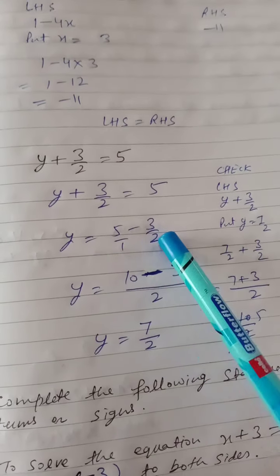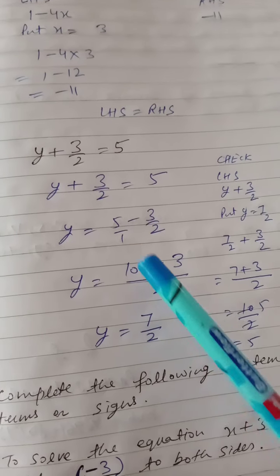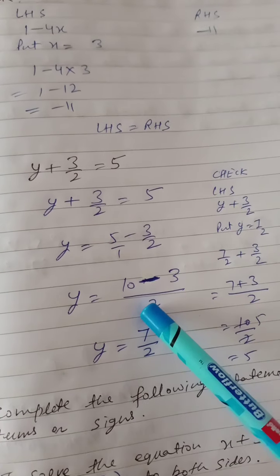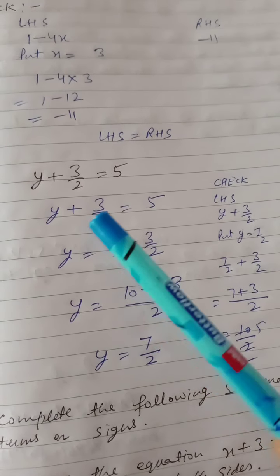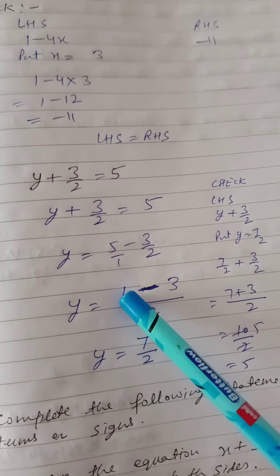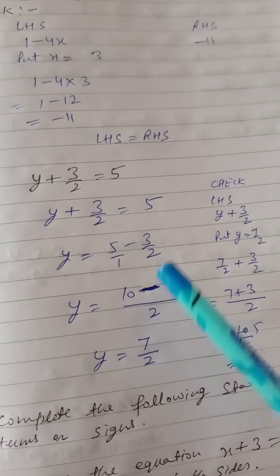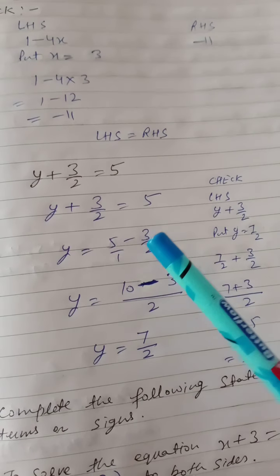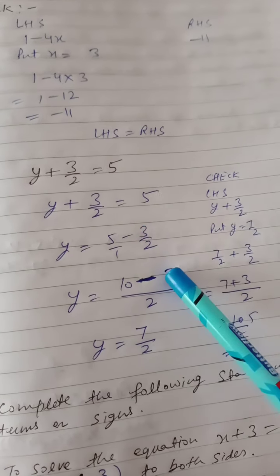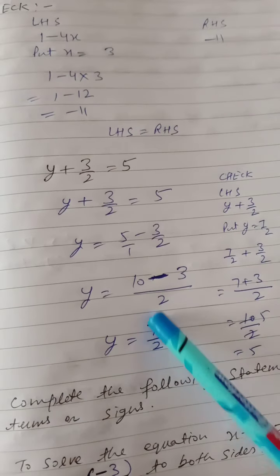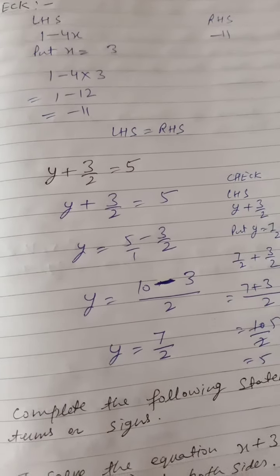So take the LCM of 1 and 2, which is 2. Divide this 2 by 1, 1 2s are 2, and that answer 2 will be multiplied by 5. So we will get here 5 2s are 10. Now minus as it is, divide this 2 by this 2, we will get 1, multiply that 1 by 3, you will get 3. So 10 minus 3 is equal to 7 by 2, so this is the answer.